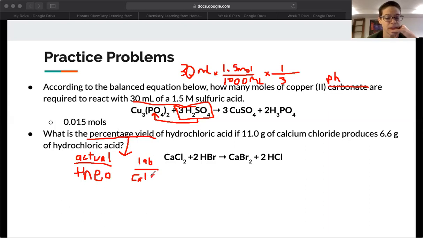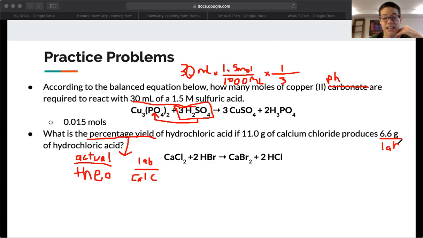So they have to give you the lab amount, the actual amount. Which of those two numbers is going to go in the numerator? The 6.6 grams. The 6.6 is my lab amount.